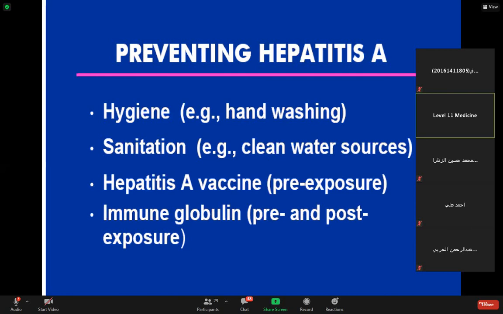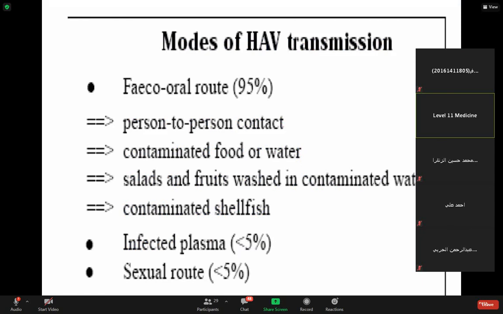This is important for those people who are going to be traveling to an area with high prevalence of hepatitis A. Don't forget to take the vaccination. There is a vaccination for hepatitis A, and if you get exposed to it, you may consider taking immunoglobulin.